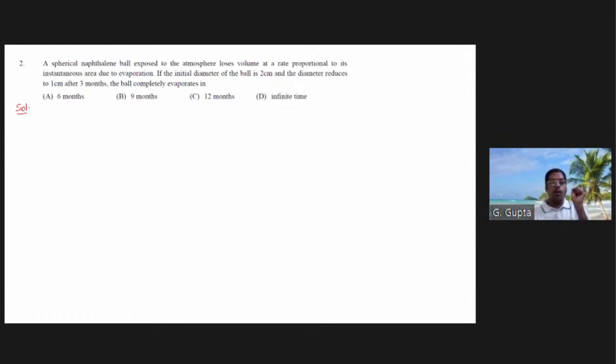Spherical naphthalene ball, we know that it looks like a sphere, having radius and diameter. So diameter is equal to twice the radius, or radius is equal to half the diameter.